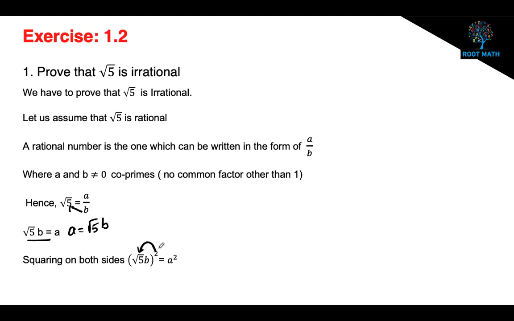When you square a square root number, it will become 5, and b will become b squared, which is equal to a squared. From here, we can understand that 5b squared is equal to a squared, which means that 5, a prime number, divides a squared. 5 is a prime number which divides a squared. So according to the theorem statement, 5 divides a also.